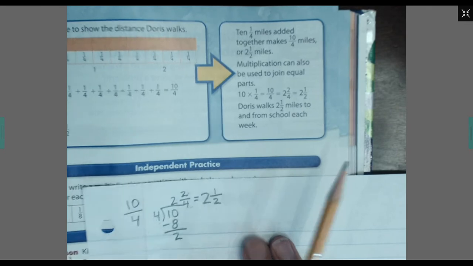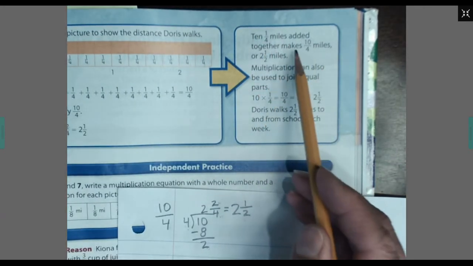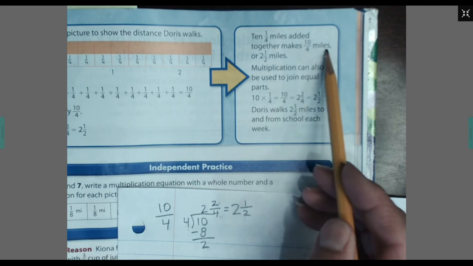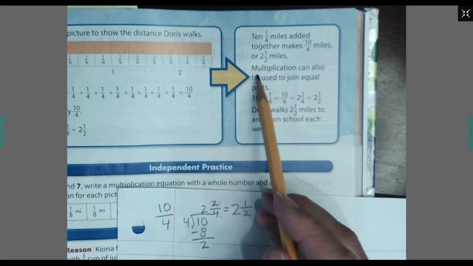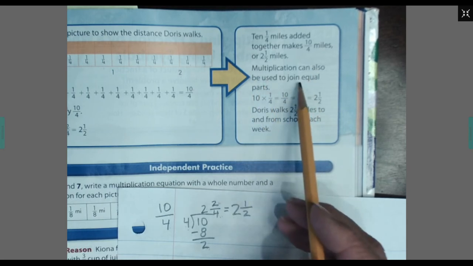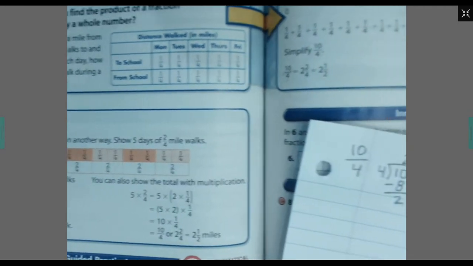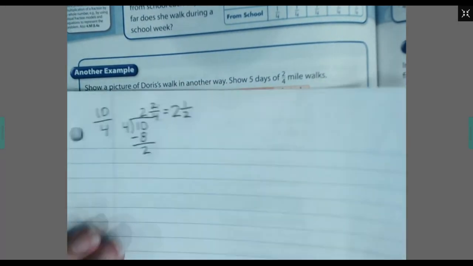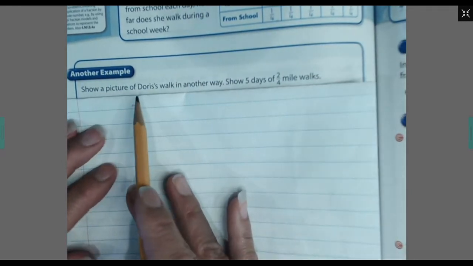10 1/4 miles added together makes 10/4 miles, or 2 1/2 miles. We can also do multiplication. So now I'm going to walk you through the multiplication and show you another visual about how that works. So Doris walked for a total of 5 days.